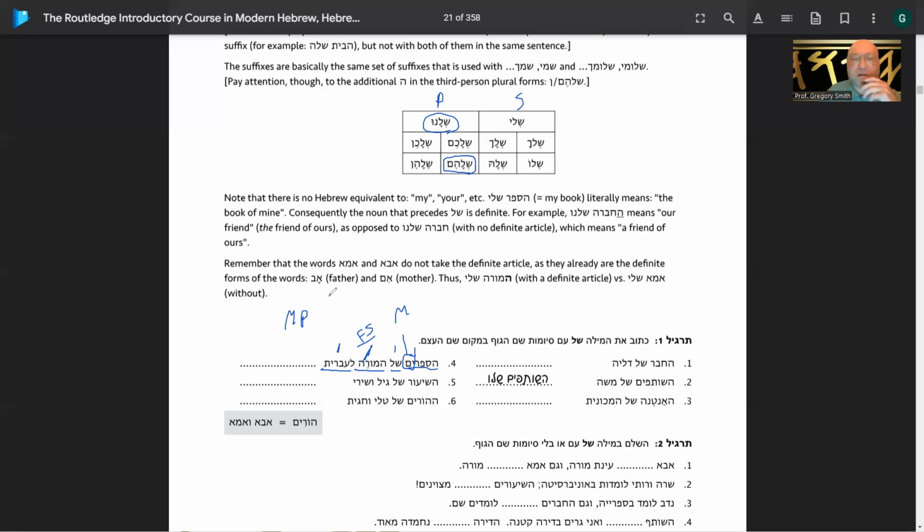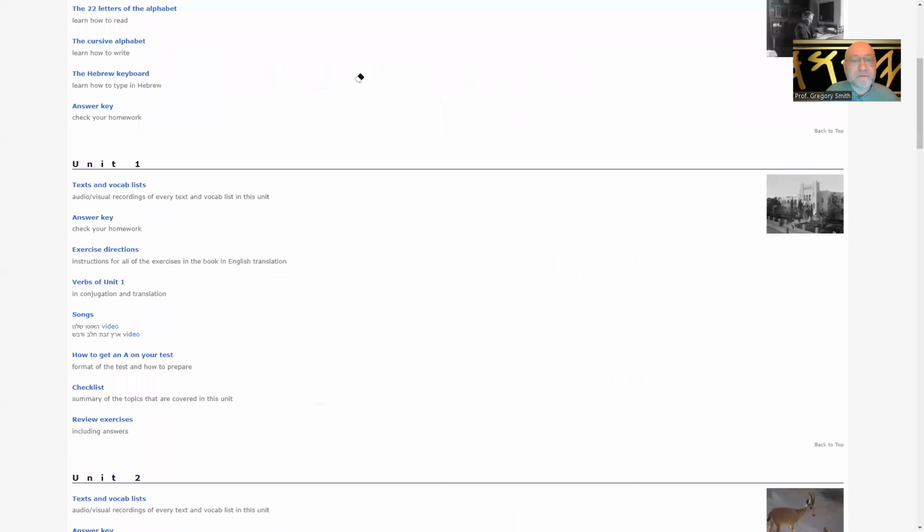Let's see if they use shel ha. I might be wrong about this here. We'll get a fresh start. Let me look at the answer key and see what they got. Okay, yeah. So it'd be like Hasefarim, Shelu.